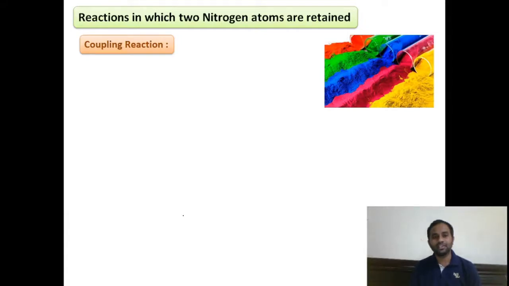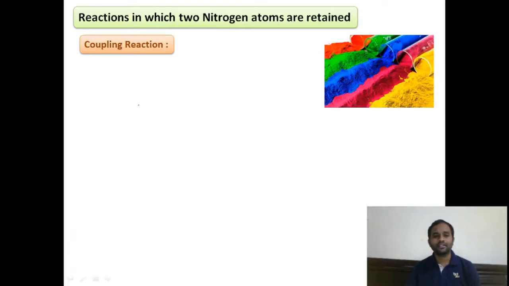This coupling reaction involves condensation of aryl diazonium salts with aromatic compounds having electron donating groups like amino group or hydroxy group, right? This coupling reaction involves condensation of benzene diazonium chloride with the aryl amines having NR2 group or NH2 group, right?